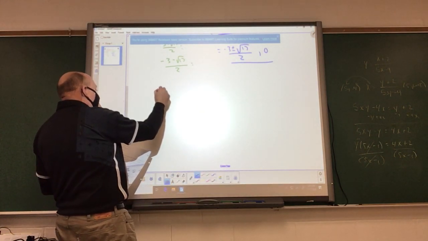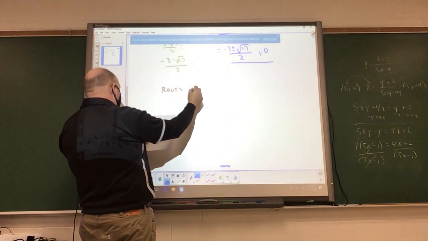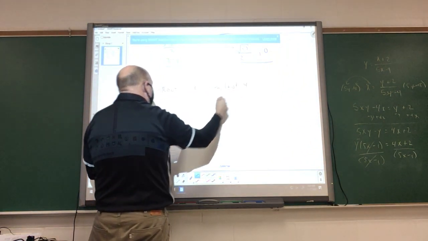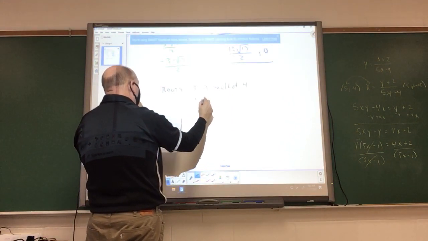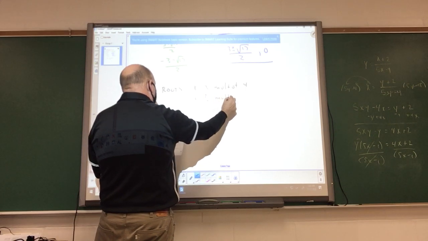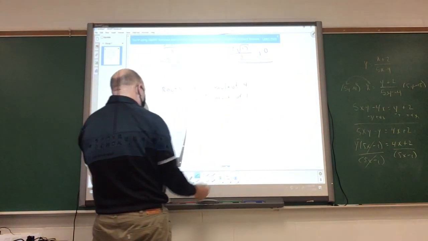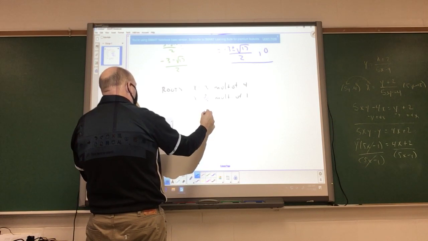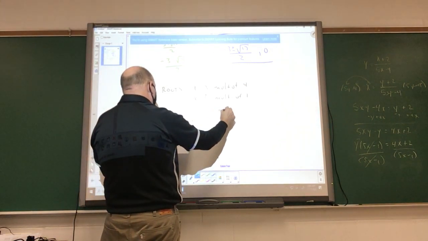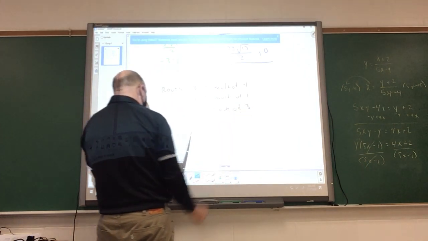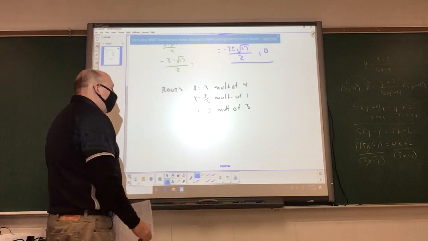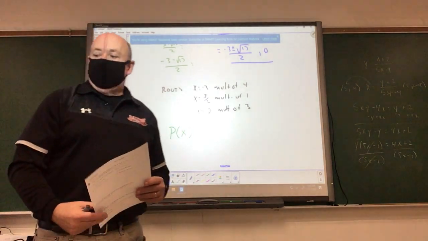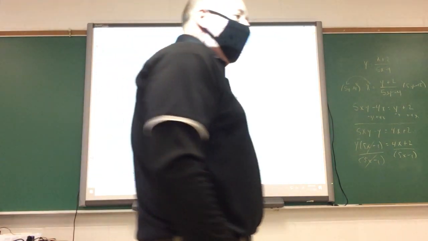We have roots of x equals -3, multiplicity of 4, x equals 3/2, multiplicity of 1, x equals 2, multiplicity of 3. What is the polynomial?